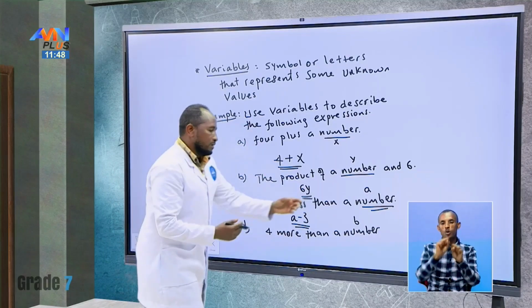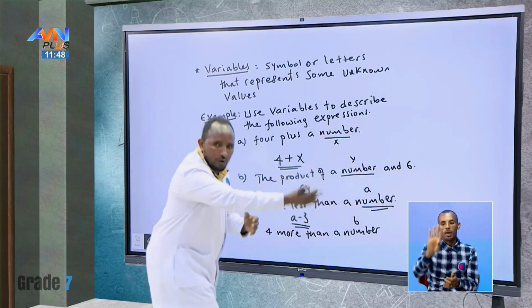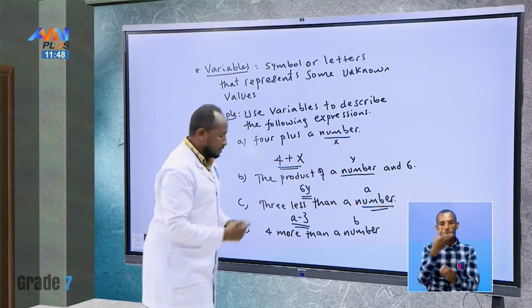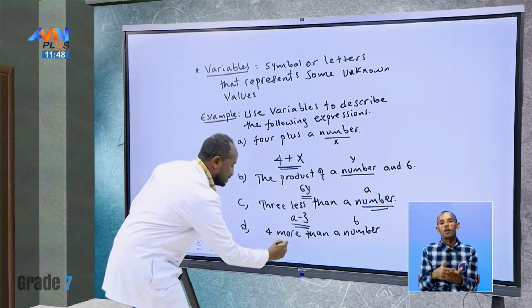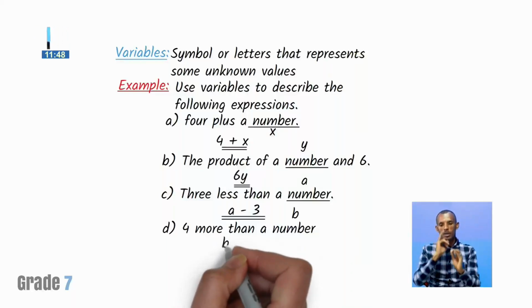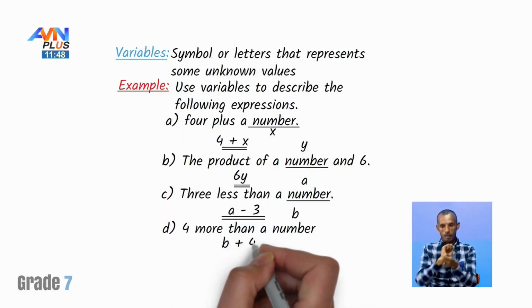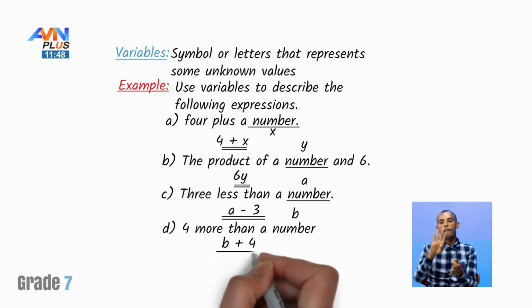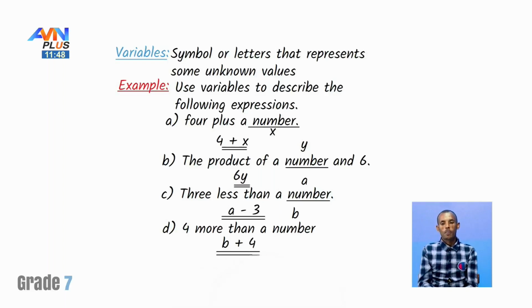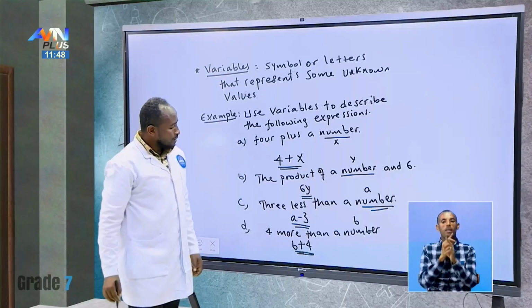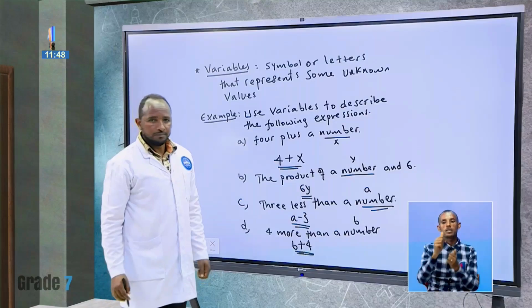So there is B here. 4 more means you add 4. Therefore, symbolically, using a variable, we can describe it as B plus 4. This will be the correct answer. Now, let's proceed to the next part.